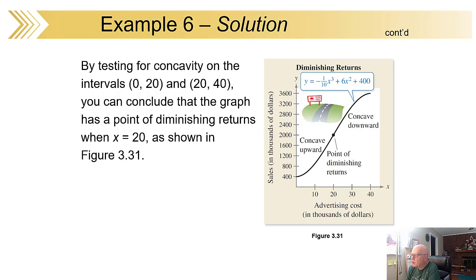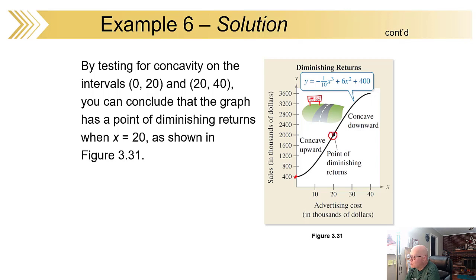And this is a picture of what it looks like. So here we are. Our sales are like this, and we decide we're going to advertise, because I think we can make some more money if we advertise. So we start advertising, and our sales get better and better up to a certain point.